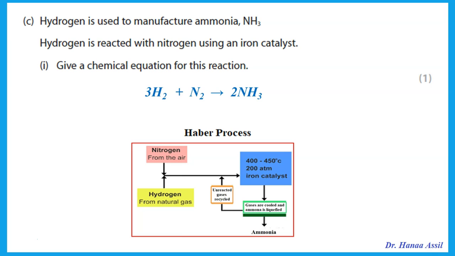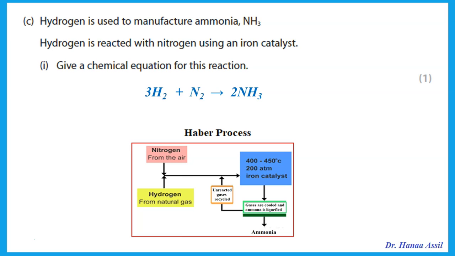I'm going to remind you that this reaction is called the Haber process. And we talk about this when we're talking about reversible reactions, because this is actually a reversible reaction in which we get nitrogen from the air, hydrogen from natural gas or from cracking of hydrocarbons.